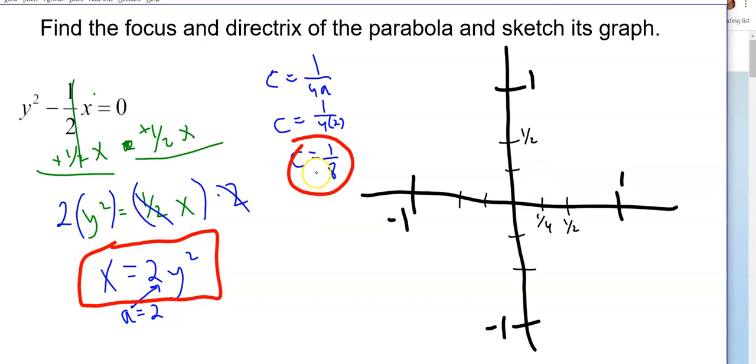So I know the distance away from the vertex to the focus is a distance of 1/8. So actually this point right here would be my focus point, which means this vertical axis of symmetry is going to be x equals -1/8.